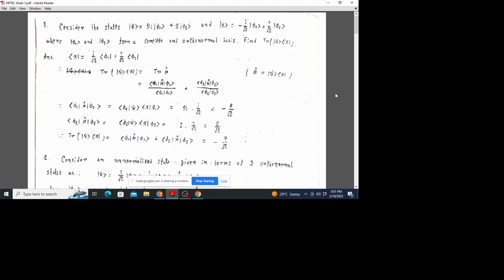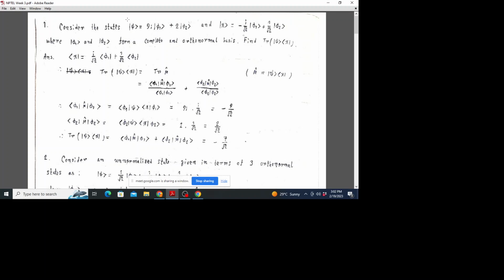Earlier we had done them in the wave function method, by doing position space integrals. Now we will be doing vector space algebra. So the first question is from the assignments.